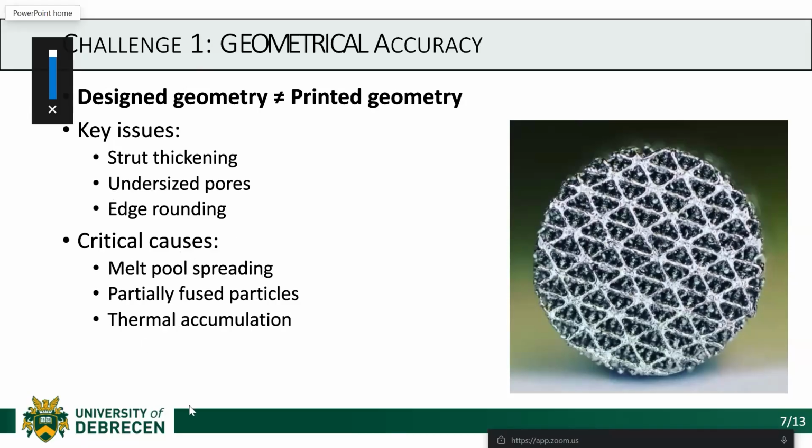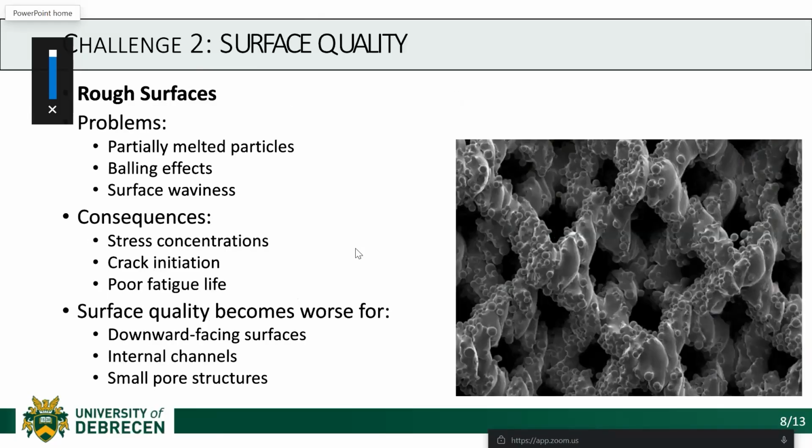And the causes of these are melt pool spreading, partially fused particles, and thermal accumulation. So the partially fused particles, like here we can see, cause other problems like rough surface that cause crack initiation and poor fatigue life.